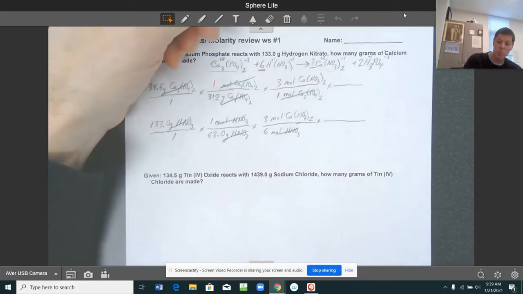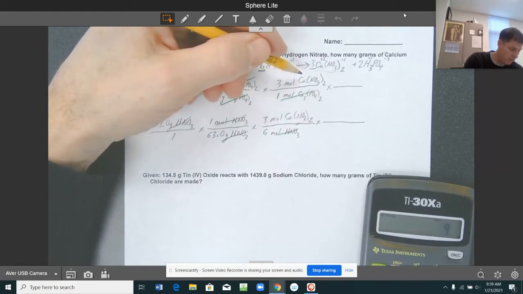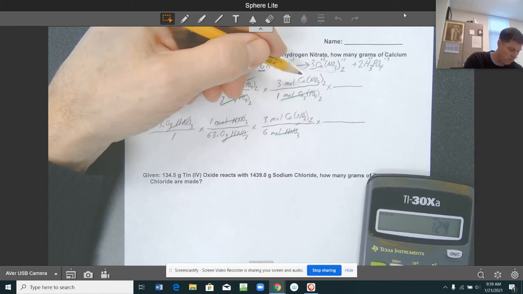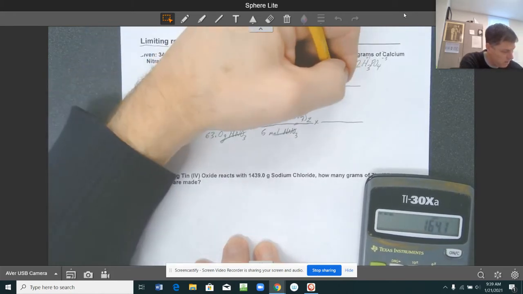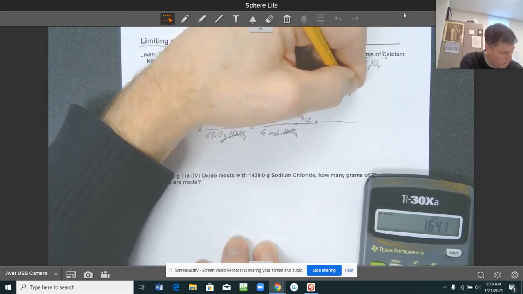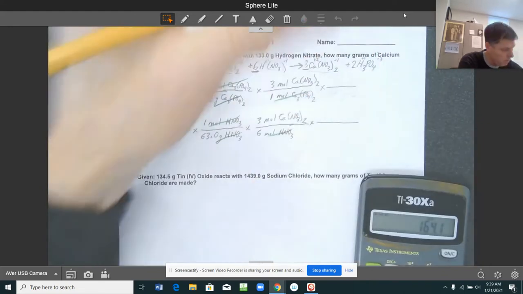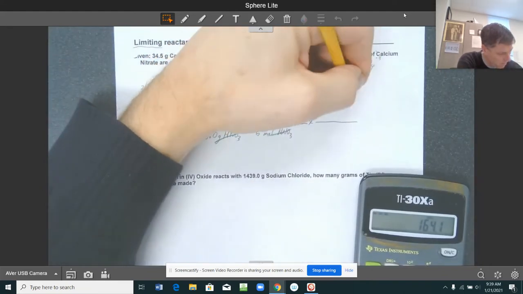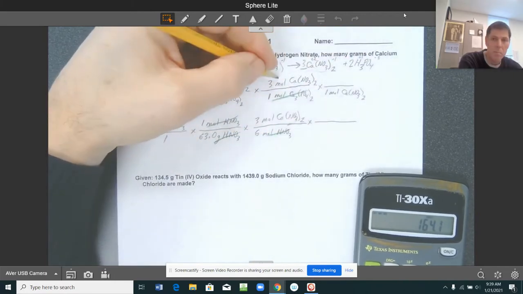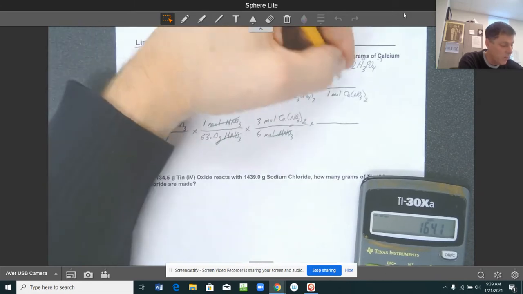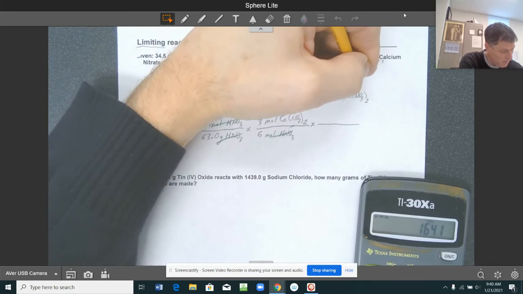And with that, I have to have the molecular mass of calcium nitrate, and I don't have that. Okay, and with that, 164.1. Oops, not paying attention. Sorry, trying to go fast. I've got moles dimensional analysis. I have to have it down here to get rid of it. Up here is the molecular mass of it.